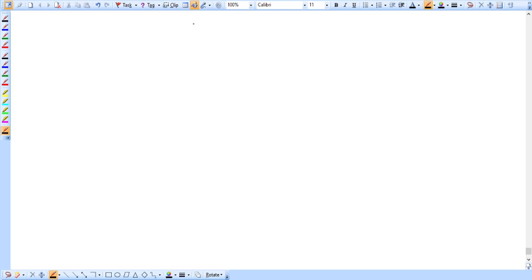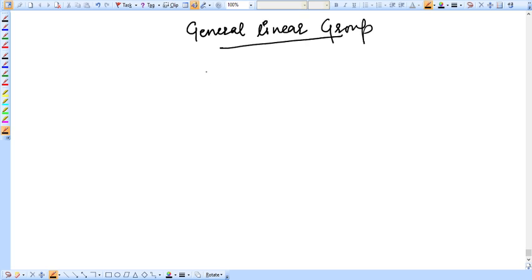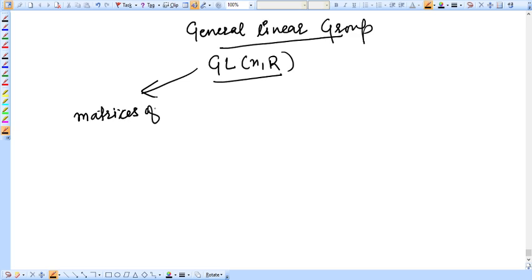This group is represented by GL n R. Actually this group is a group of matrices of non-zero determinant.